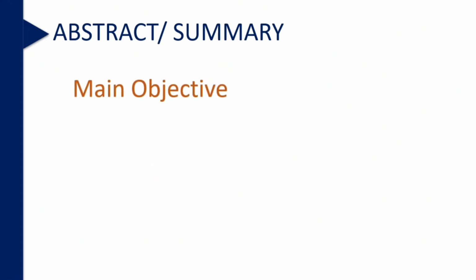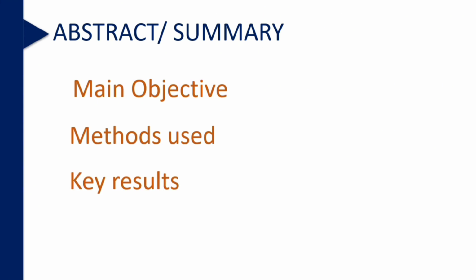It includes the main objectives, methods used, key results, and conclusion of the study or of the report. The abstract should give the reader a quick understanding of what the report covers without having to read a whole document. It's often written after the report has been completed.